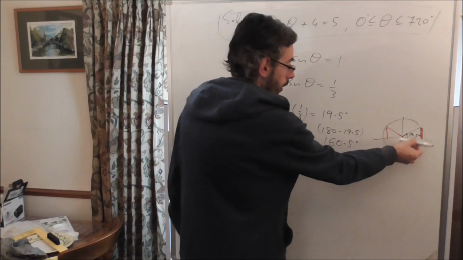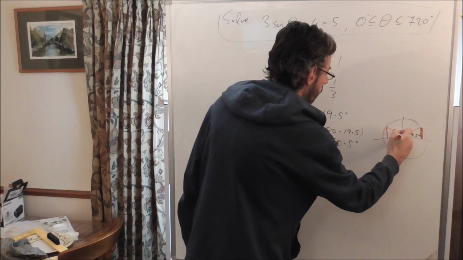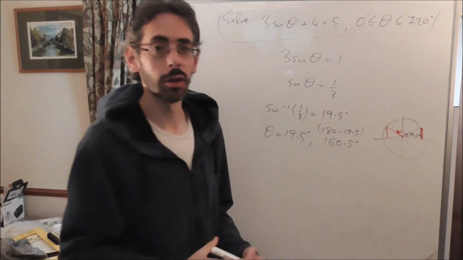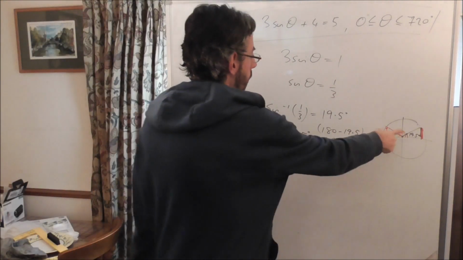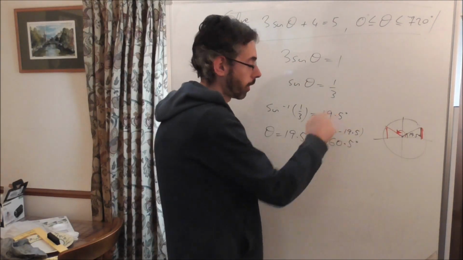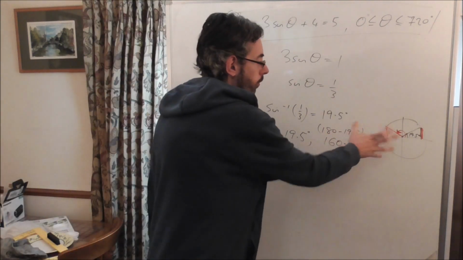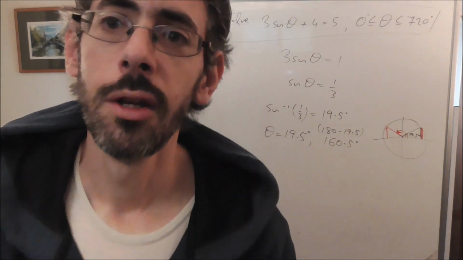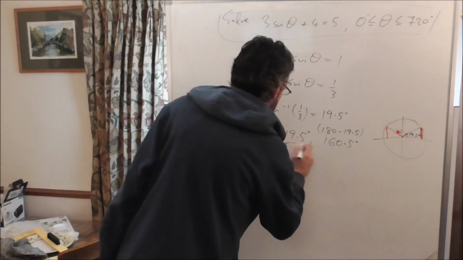So from the picture, the next angle we want is just this angle here. This angle has the same sine value as 19.5 because the triangle is the same height. And hopefully you can see from the picture that to get that angle you just do 180 take away 19.5. So if you don't remember this rule, you can always just quickly draw a unit circle to help you find the other solutions. There are the first 2.